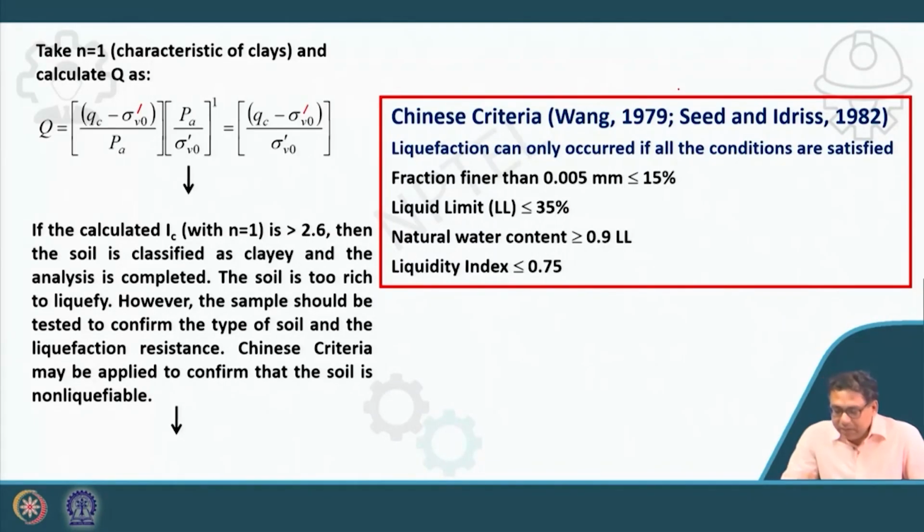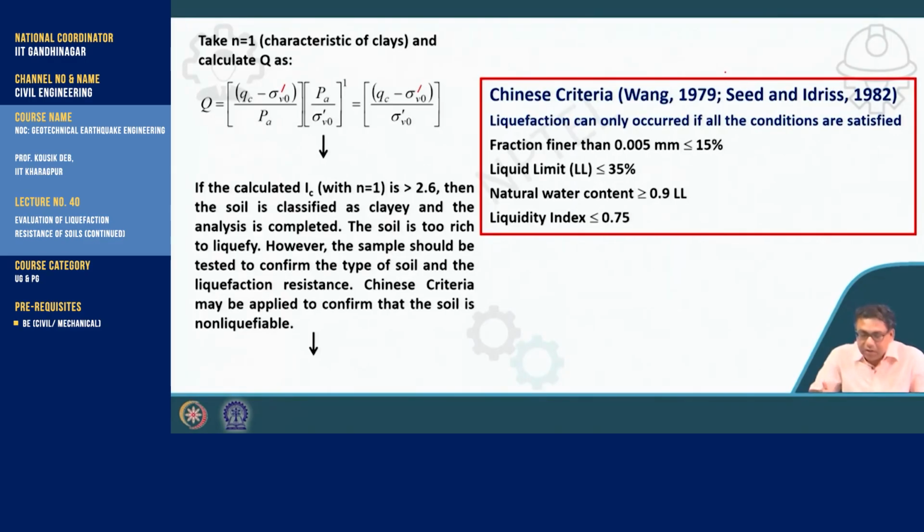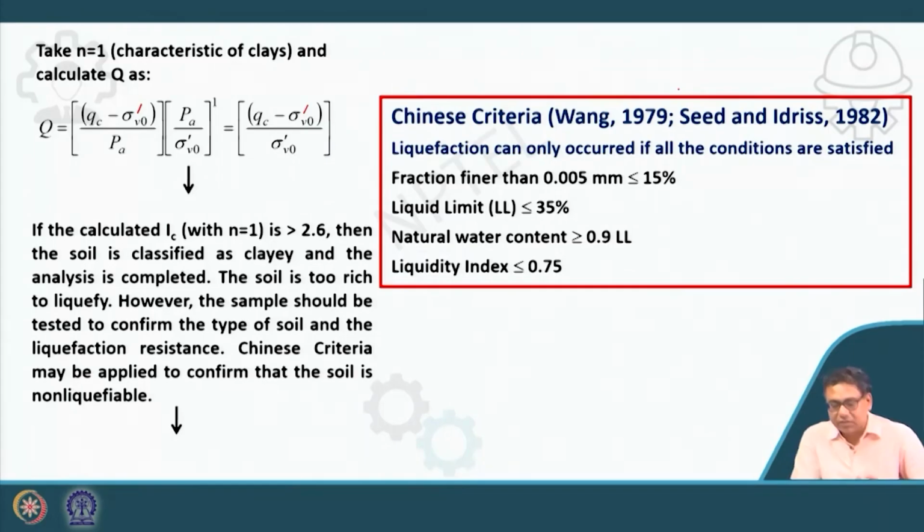So that means this Chinese criteria says if all these four conditions are satisfied, then the liquefaction will occur. If any of them is not satisfied, the liquefaction will not occur.